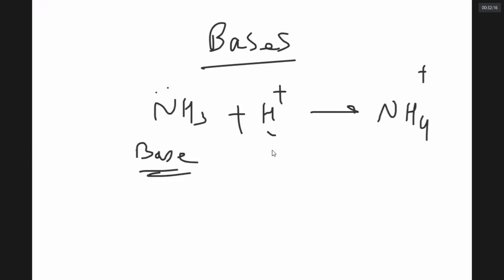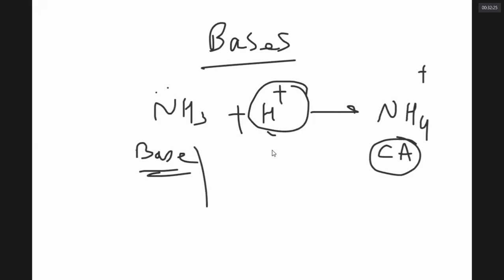After taking H plus, you are getting a positive ion called conjugate acid. So whenever you are adding H plus, you get a conjugate acid. Whenever you are removing H plus, you are getting a conjugate base. This idea is very, very important. A fellow who is an H plus releaser is an acid.